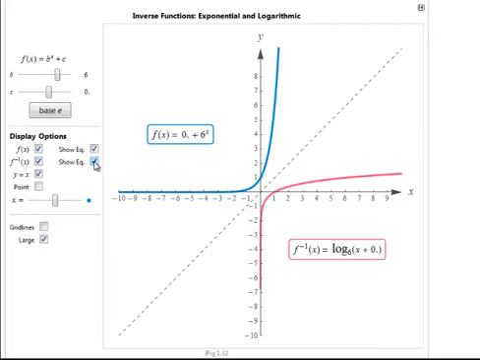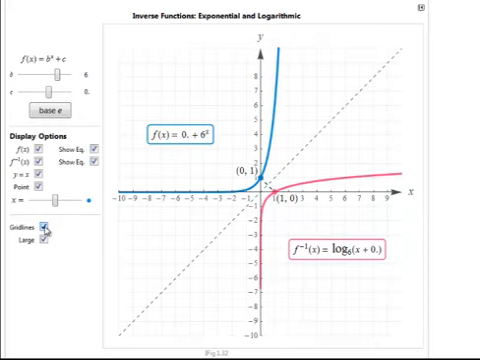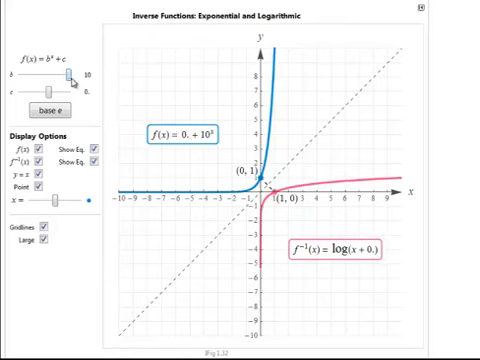By moving the x slider, you can move a point x, y on the exponential function and the point y, x on its inverse function that is reflected about the line y equals x. This can go up to base 10 and also include base e.